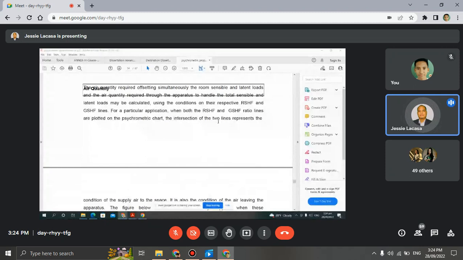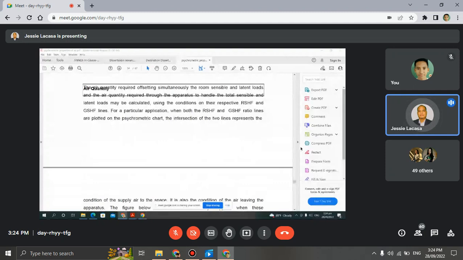When we say air quantity, the most common unit that we are going to use is CFM, or cubic feet per minute. Even when you purchase fans, the capacity is in terms of CFM. So the air quantity required of setting simultaneously the room sensible and latent loads, and the air quantity required through the apparatus to handle the total sensible and latent loads, may be calculated.